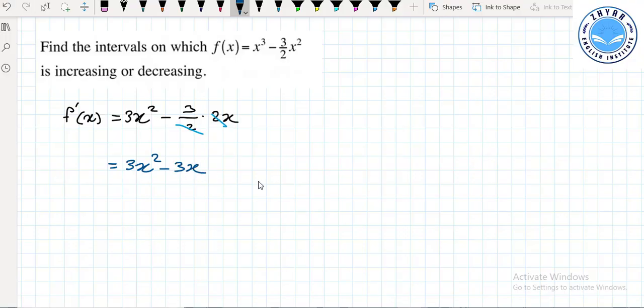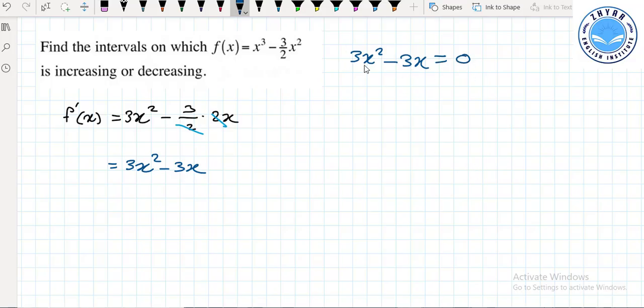This is the derivative. To find critical values, intervals of increasing, decreasing, horizontal tangent, maximum, minimum, or extremum values, we set the derivative equal to 0. So 3x squared minus 3x equal to 0.